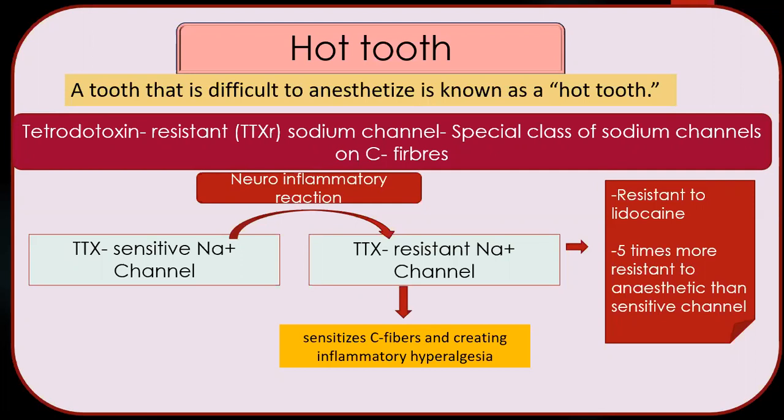So what happens is that these last 3 voltage gated channels, 8, 9 and 10, become resistant to tetrodotoxin, which is one of the components of the lignocaine anesthesia. Initially they were sensitive to this component, but now due to the hyperalgesia they are resistant to it, so these channels will not be anesthetized.